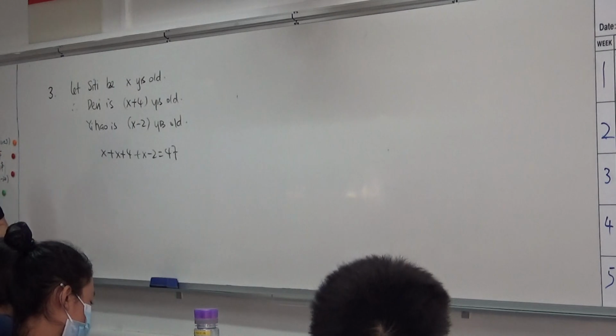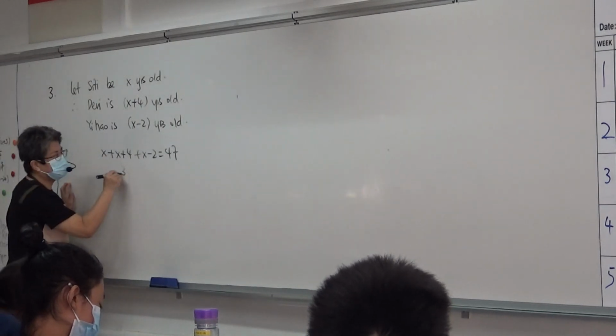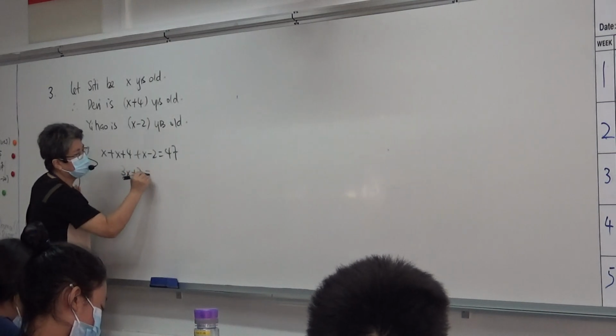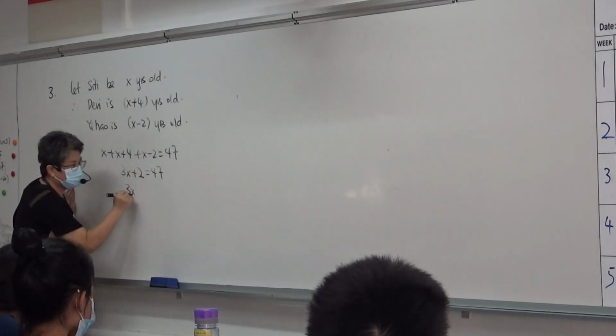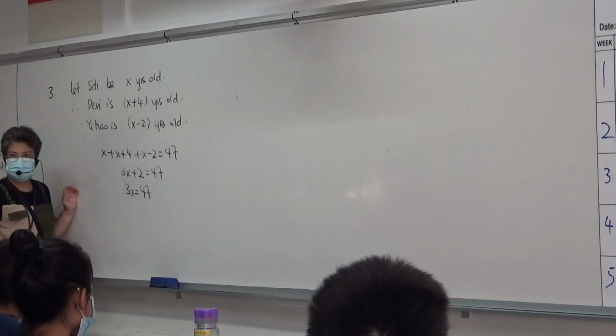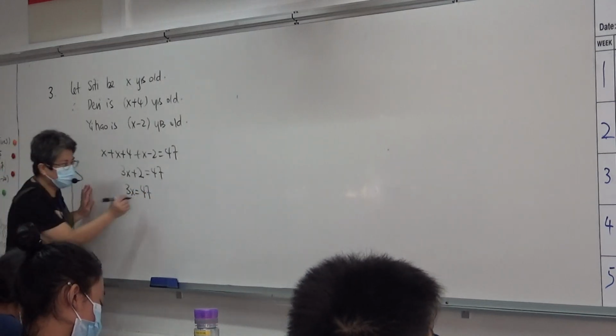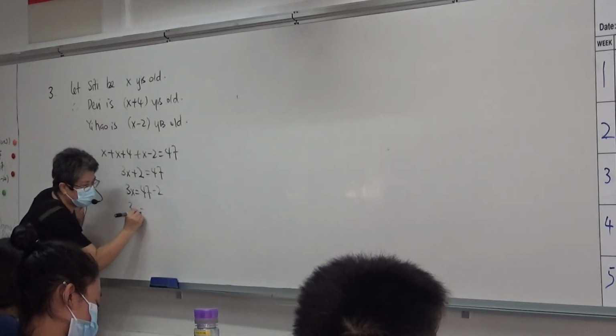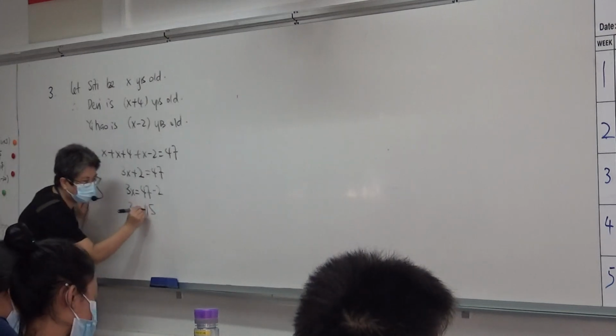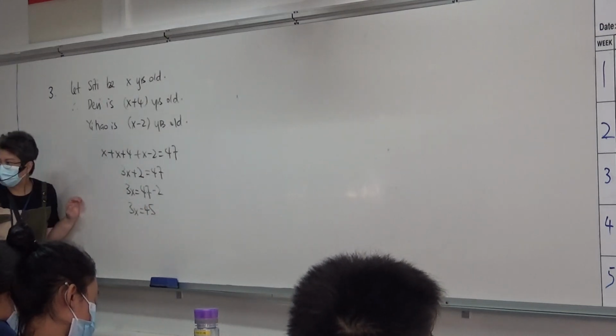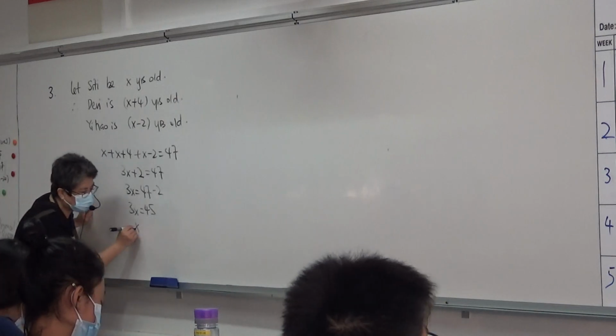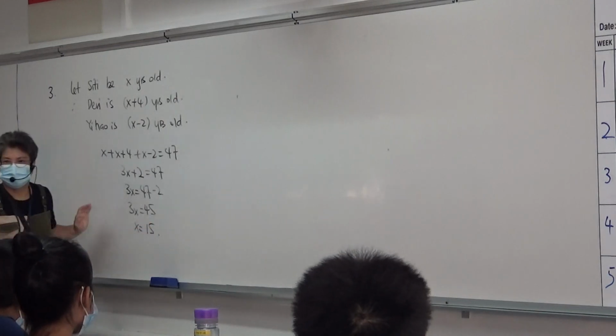So 1, 2, 3, this is 3x plus 2 will be 47. 3x will be 47 minus 2. So 3x is 45. So what's x? X is 15.